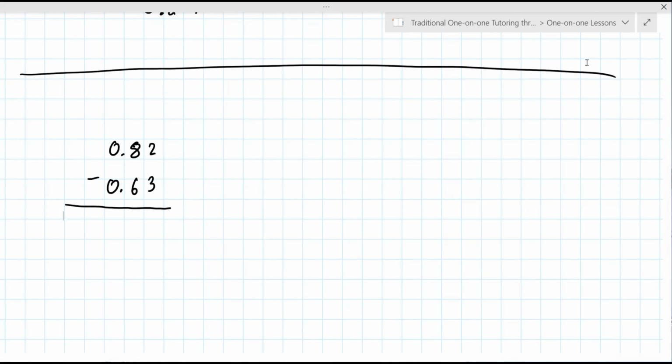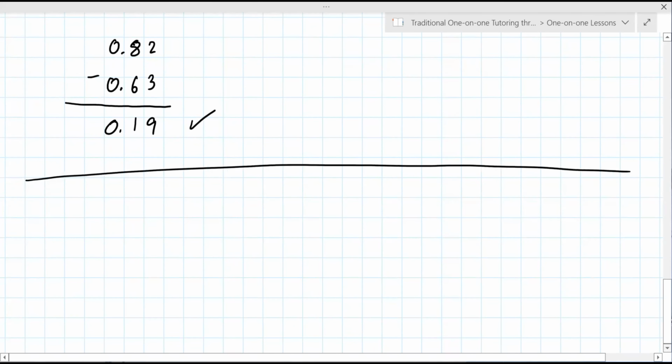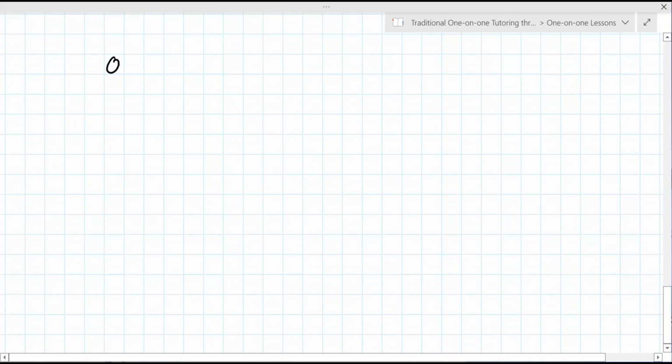Okay, I think I got my final answer. Okay, what's your final answer? 0.19. Yes, that is correct. Okay, let's try a slightly more difficult problem. 0.354 minus 0.196. Okay, so go ahead and try that one on your own, please.